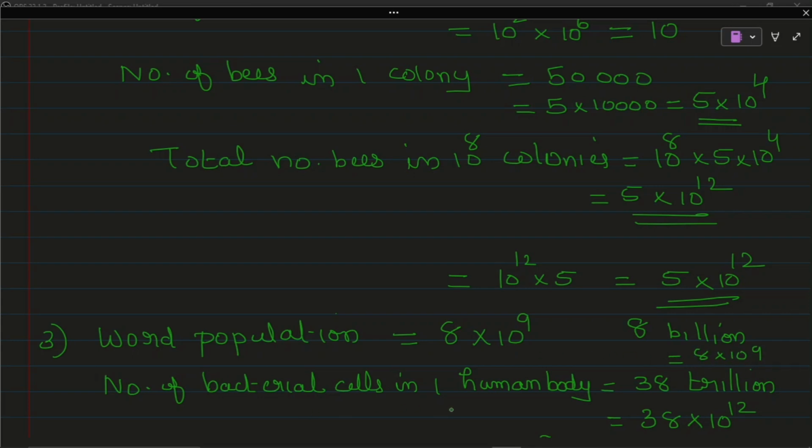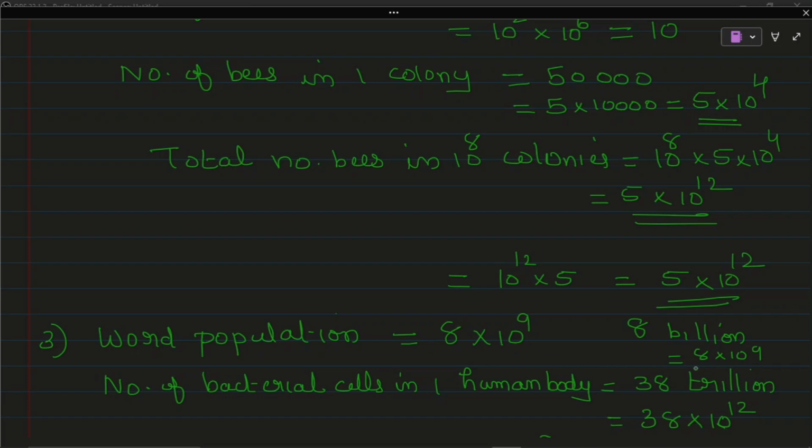Also given in the question, the number of bacterial cells in one human body is 38 trillion, and a trillion we already discussed in the starting. Trillion is 1 lakh crore, or in exponential form it is 10 raised to 12. That means the number of bacterial cells in one human body is 38 into 10 raised to 12.